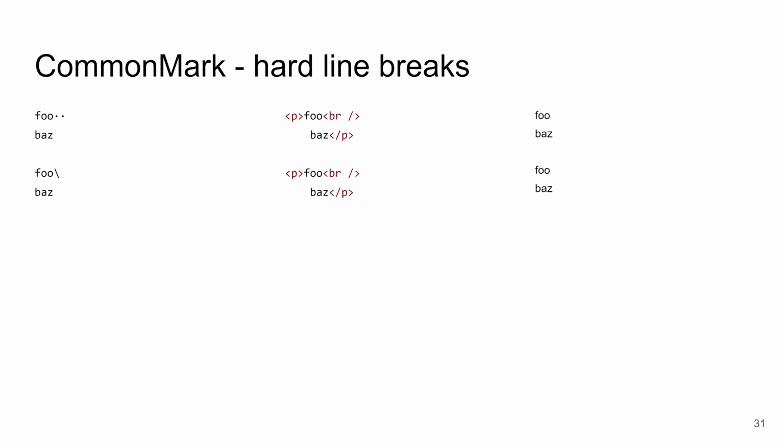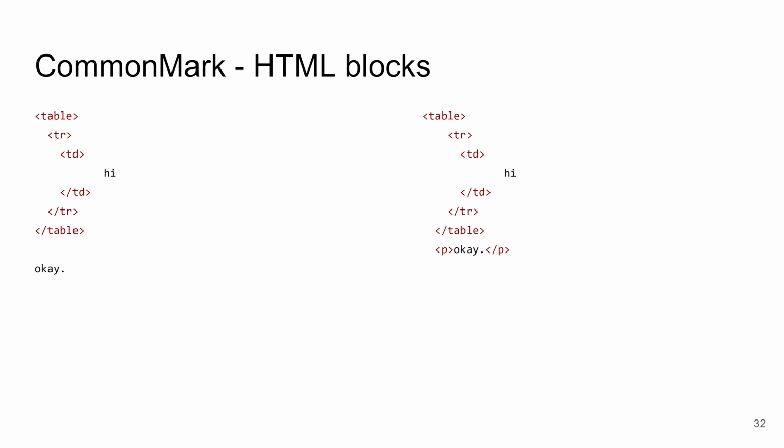Now, in Markdown, sometimes you need to insert HTML blocks. So you can do that just like you see in the example. You just start writing HTML, and the Markdown specification actually contains a set of used tags in HTML, and when it detects such a tag, it switches into an HTML mode, and the HTML gets output as is.